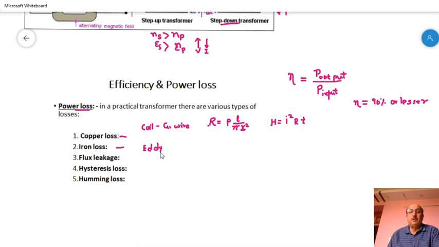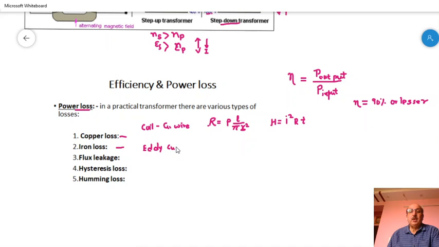If there is a change in current, then there is a change in magnetic field, then there is a change in magnetic flux on the metal, which produces eddy current.